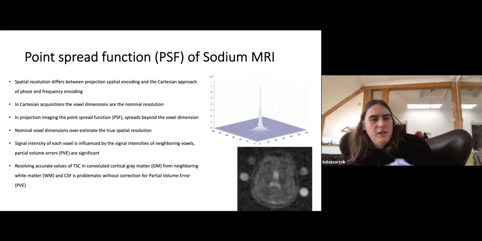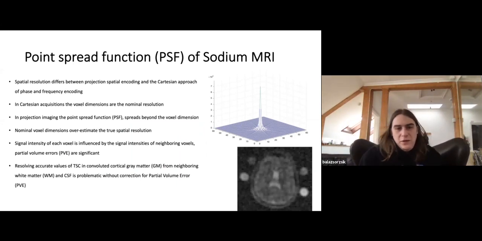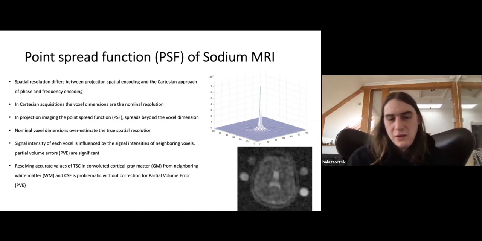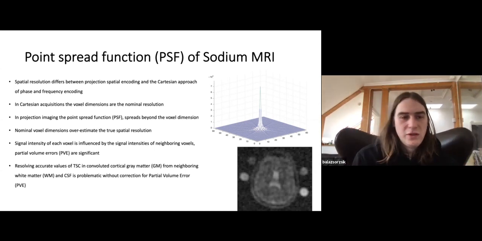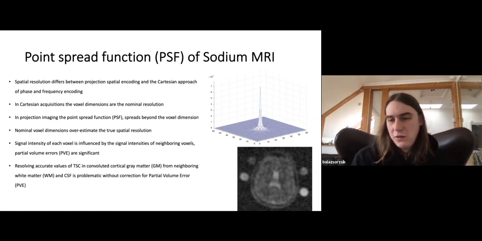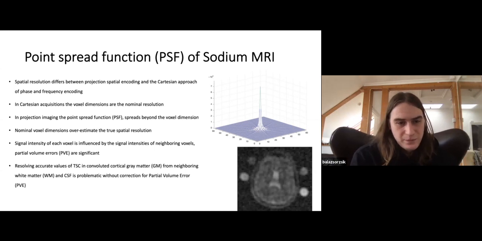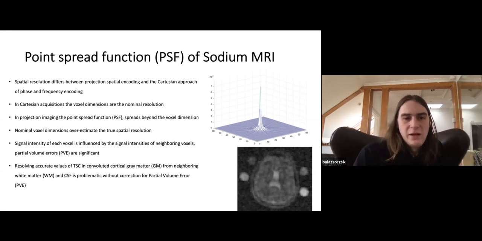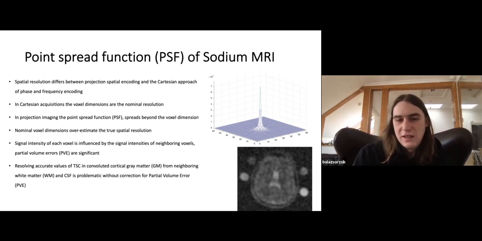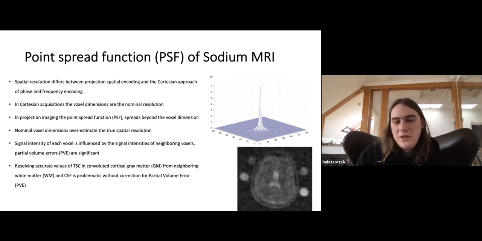So as I mentioned, the spatial resolution differs between projection spatial encoding and the Cartesian approach of phase and frequency encoding, which is used in hydrogen MRI. In proton MRI, the voxel dimensions are the nominal resolution, while in projection imaging, the point spread function, which defines the intensities in the voxels, spreads beyond the voxel dimension.